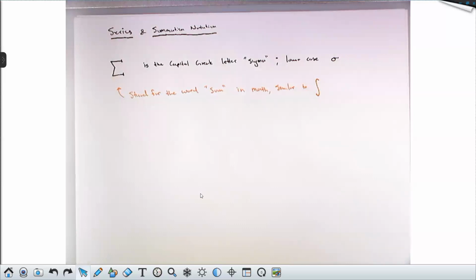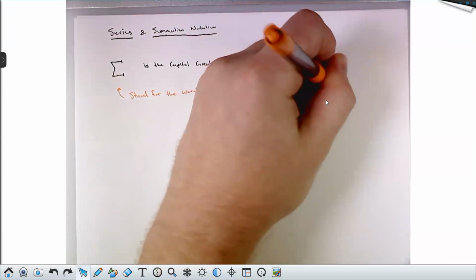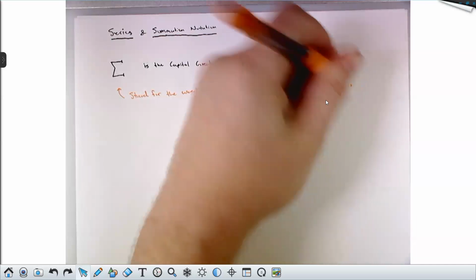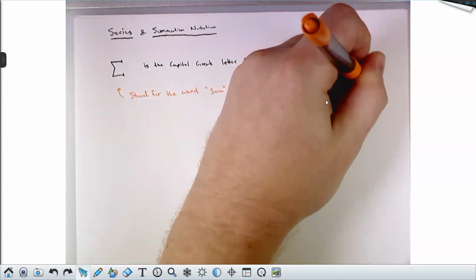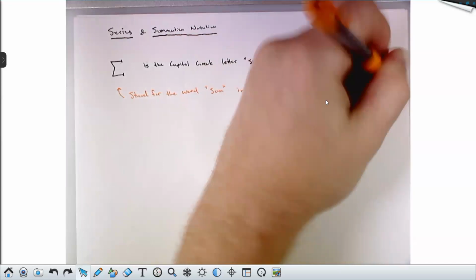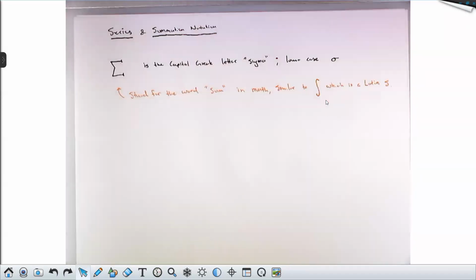What letter does the integral symbol look like? S. It's an S. It's literally an S, right? The integral symbol is just a stretched out Latin S, our alphabet. The alphabet we use in English is the Latin alphabet, similar to this, which is a Latin S. The integral also stands for the word sum.